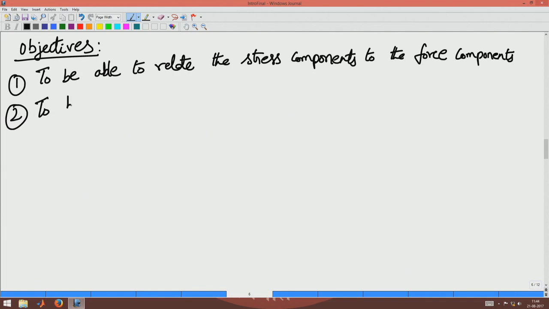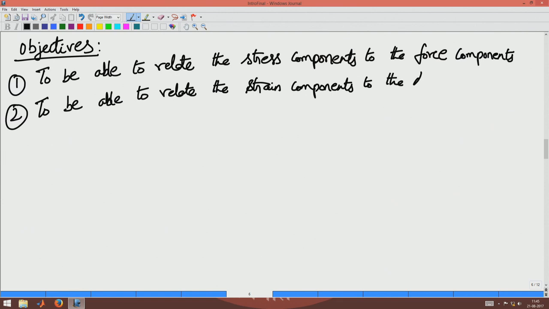Second objective is to be able to relate the strain components to the displacement components.